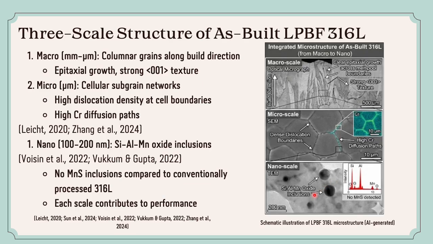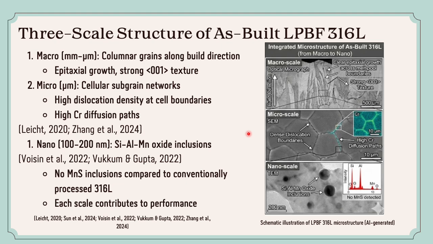One of the unique features of LPBF produced 316L is its three-scale microstructure, ranging from the macro scale to nanoscale. At macro scale, columnar grains grow along the build direction due to epitaxial growth, creating a strong crystallographic texture. At microscale, rapid solidification produces cellular subgrain networks. These cell boundaries contain a high density of dislocations and provide a fast chromium diffusion path.